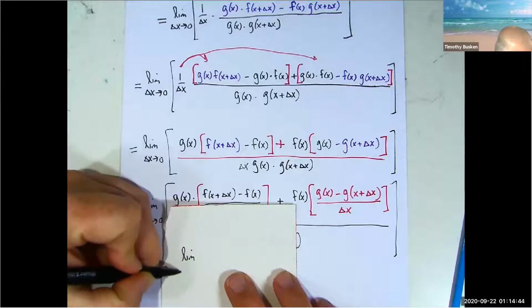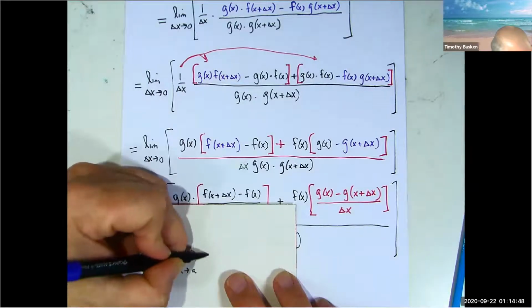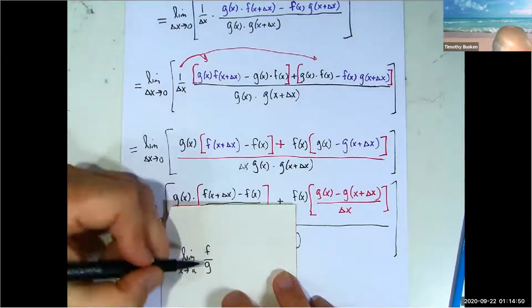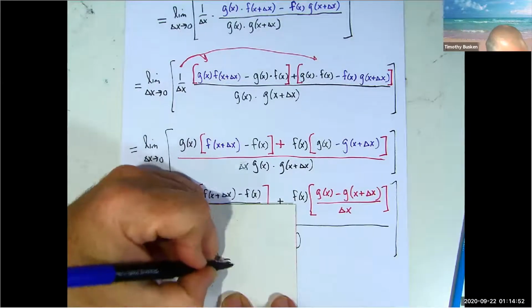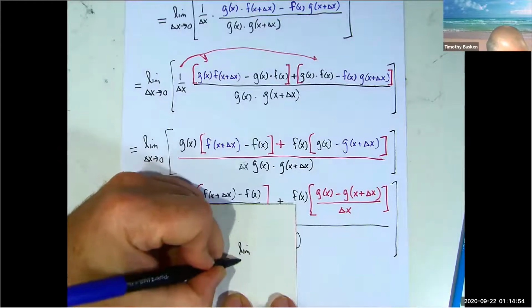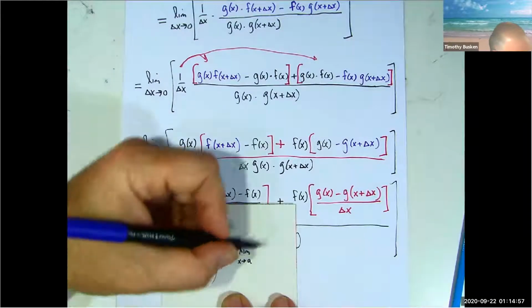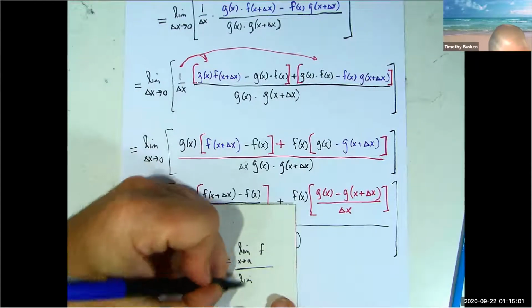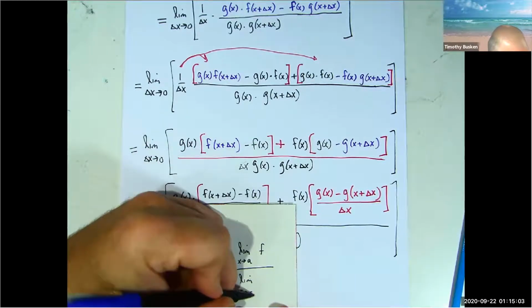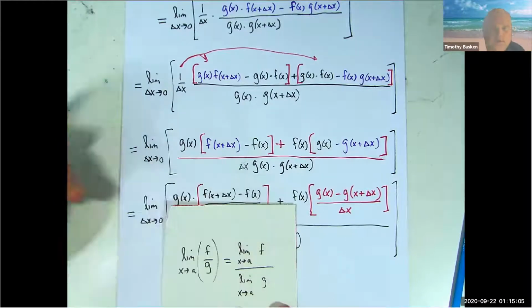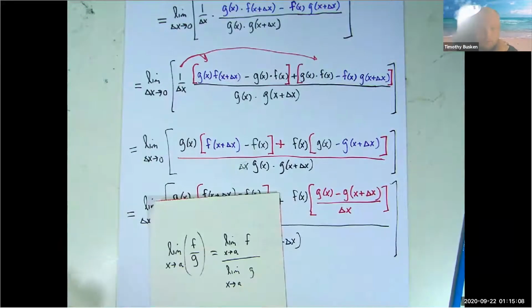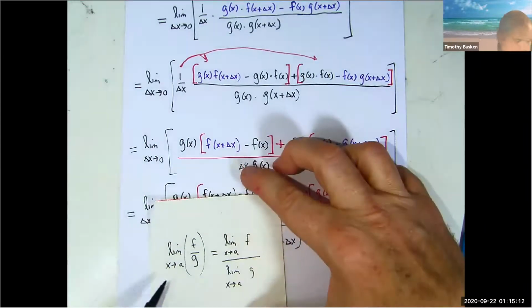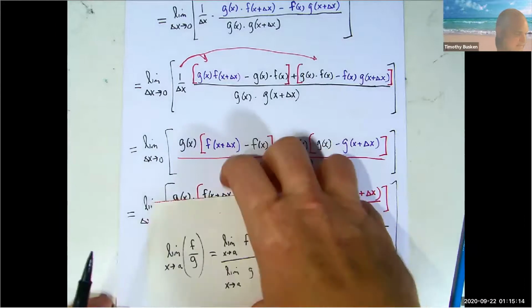And that just says the limit as x approaches a of f divided by g is equal to the quotient of the limits: the limit as x approaches a of f divided by the limit as x approaches a of g. So I can split that up into the quotient of two limits using the quotient rule for limits.